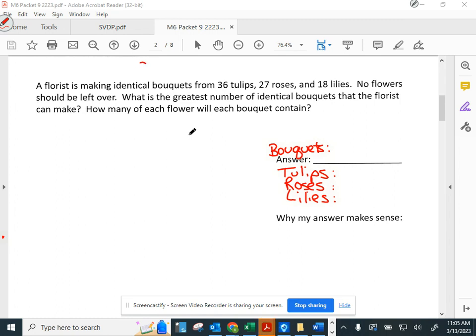The way to find this is the GCF. Who remembers what GCF is? Melina. Greatest common factor. So we have 36, 27, and 18. You need to find all the factors of 36.